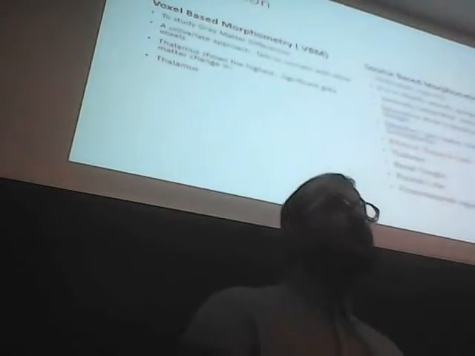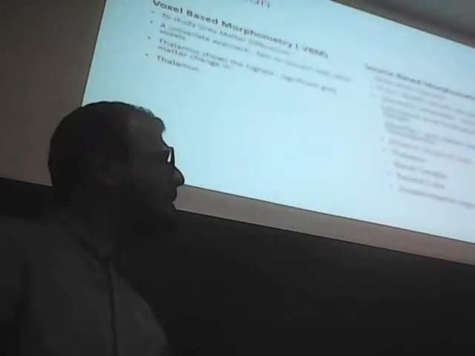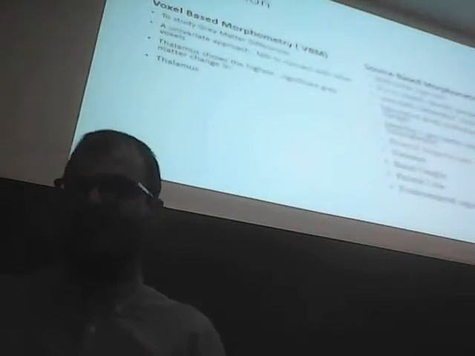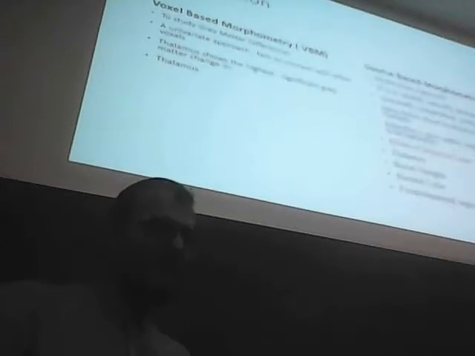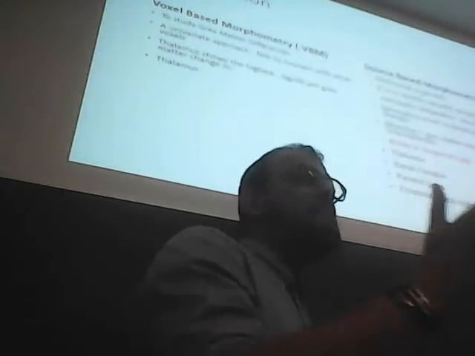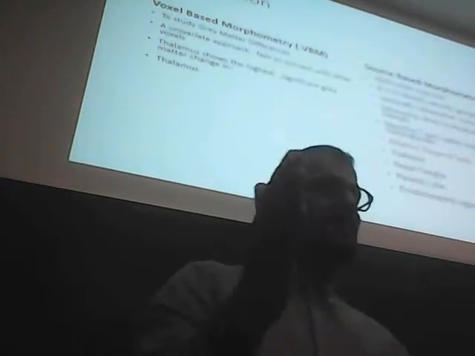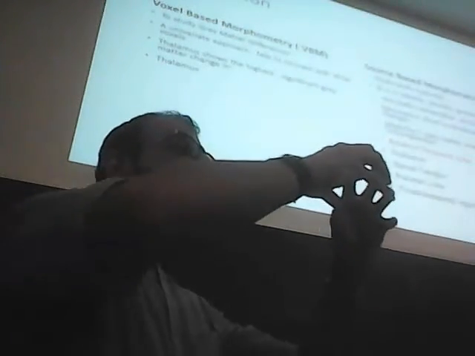But for the second source of data, you are talking about source-based morphometry. What is that? How can you get that from brain connection and brain networks? Essentially, you get your time series of structural MRI data sets and analyze them based on voxels.